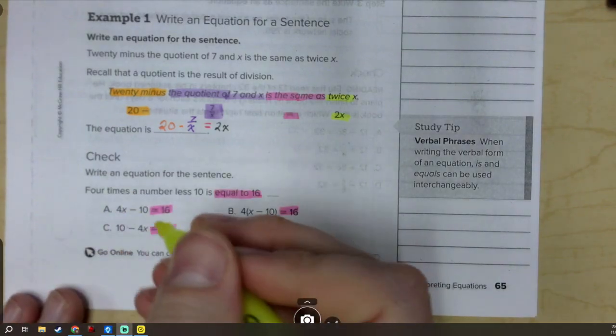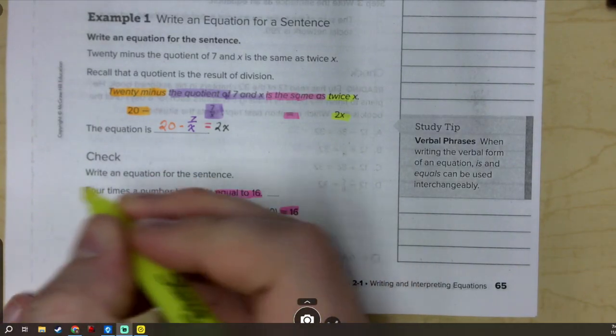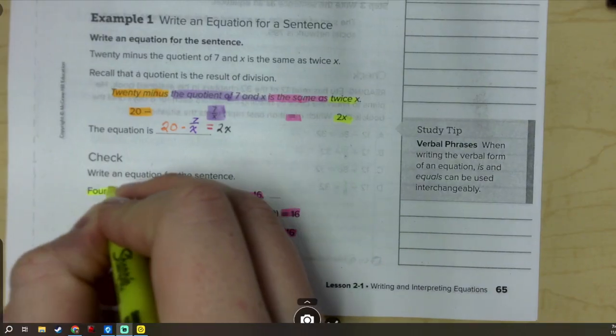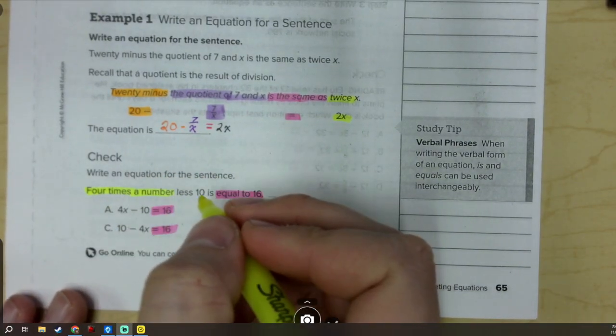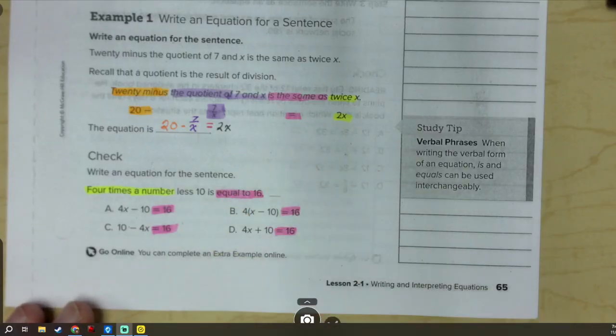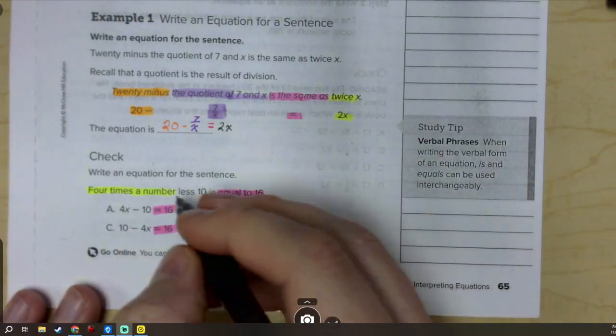Next up, we have 4 times a number. This is a typo.